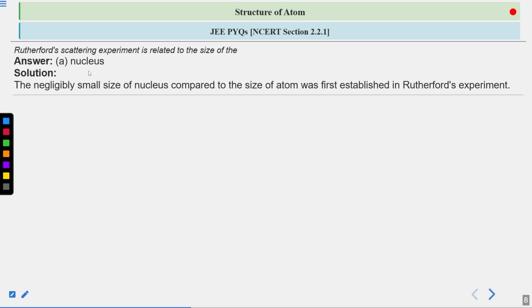And he considered them to be concentrated at the center. But since the amount of deflection was very small, meaning very few particles were deflecting, he concluded that this positive charge is concentrated in a very small area. Okay, it is not only concentrated, it is concentrated in a very small area. And he named that small area as the nucleus of the atom.